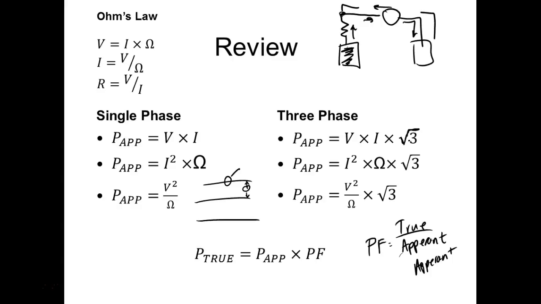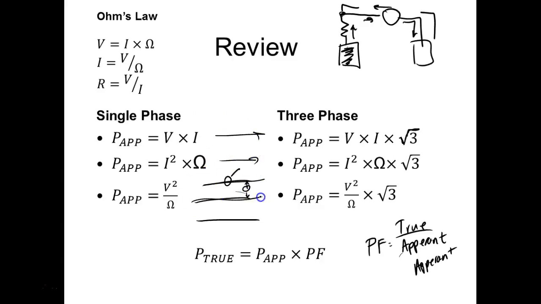So if I measured the current in 1 conductor and the voltage drop across the conductors, then to get my total power being delivered by all 3 wires, you'd multiply that by the square root of 3. So the 3-phase formulas change a little bit from our actual formulas right here.